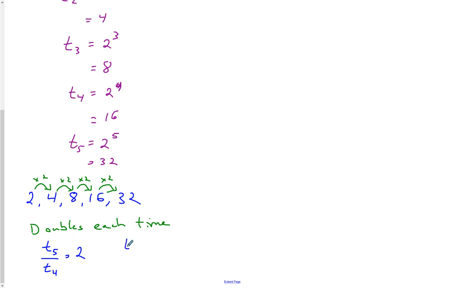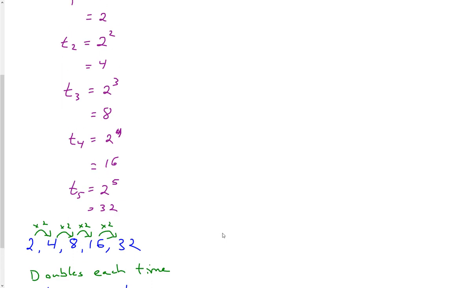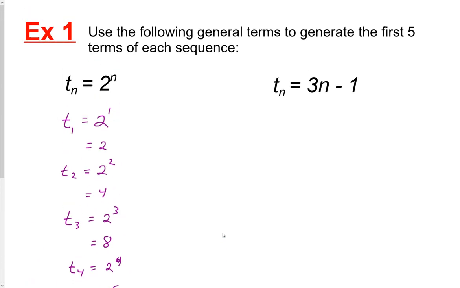Similarly, I could go T3 divided by T2, so dividing two consecutive terms, and I end up with 2 as well. Okay, so that is an example of a sequence. But we're going to focus on this kind of sequence that you're going to see as our next one. This is going to be our focus for today.